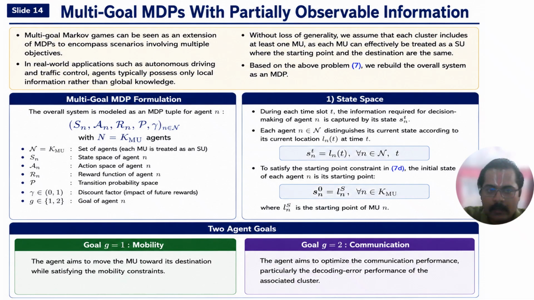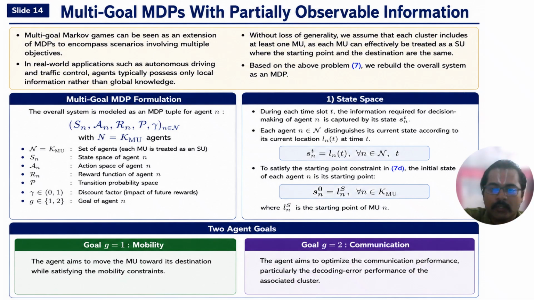Let's see what is a state. Each agent distinguishes the current state according to its location. I define goals. One is mobility, because we are jointly optimizing control and communication. One goal is related to mobility and another goal is related to communication. In goal one, our objective is to minimize arrival time.